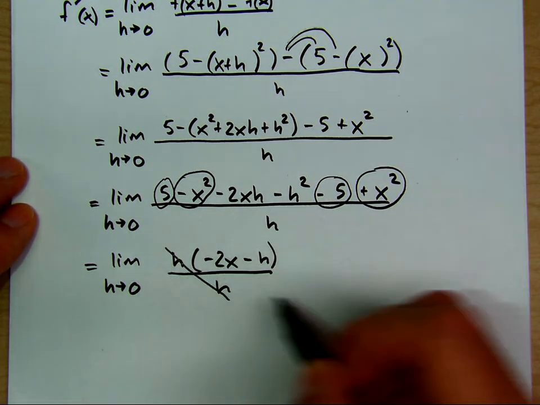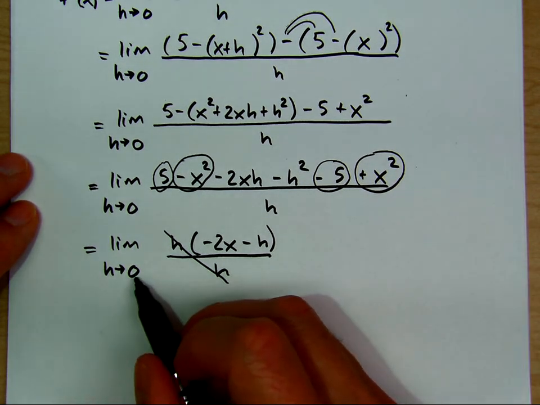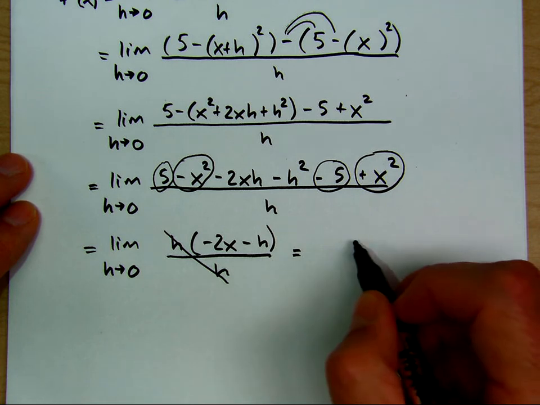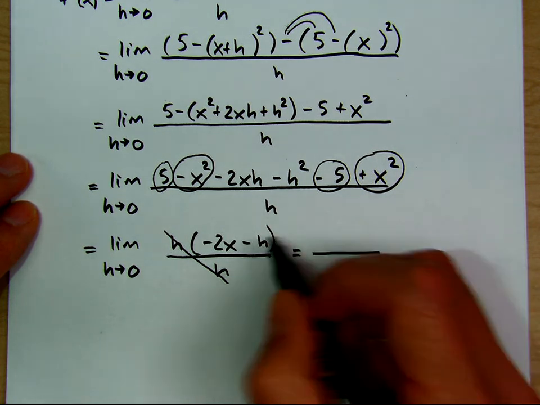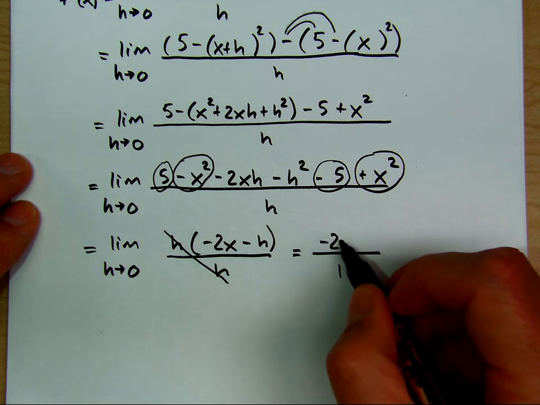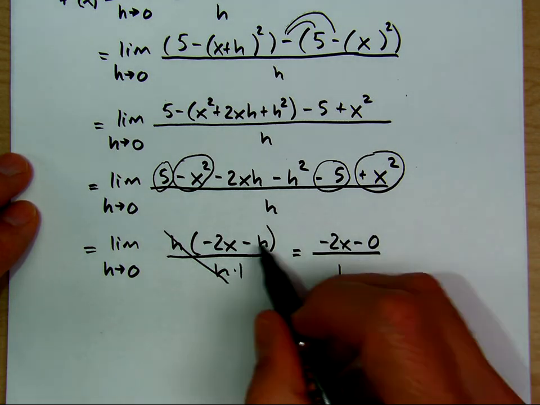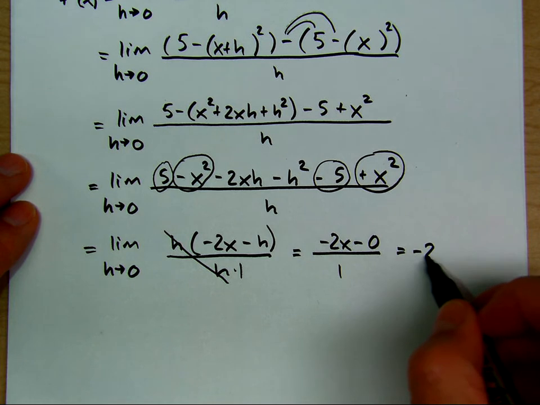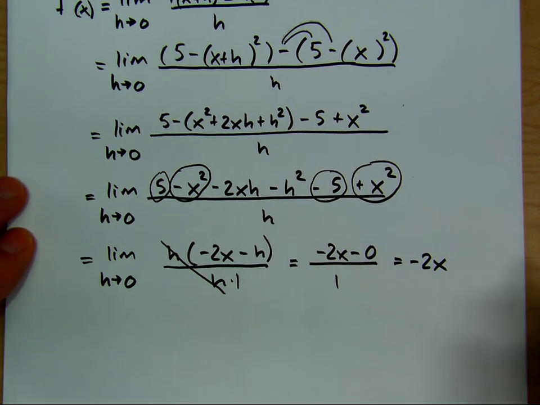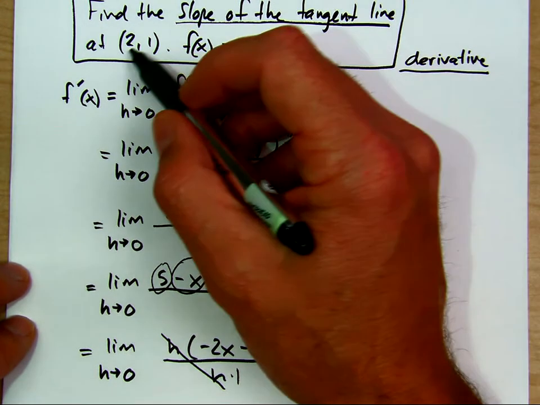The h's cancel. And we want the limit as h goes to 0. Well, as h goes to 0, it will be a 0. As h goes to 0, x stays the same. So we have a 1 in the denominator, and then h goes to 0, so we just have negative 2x. And the question did want the slope at 2, 1.